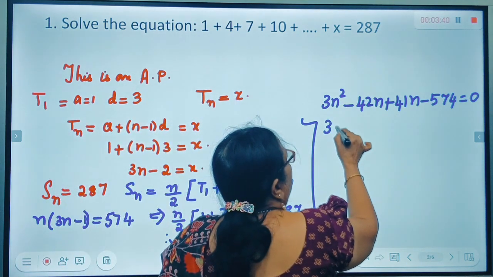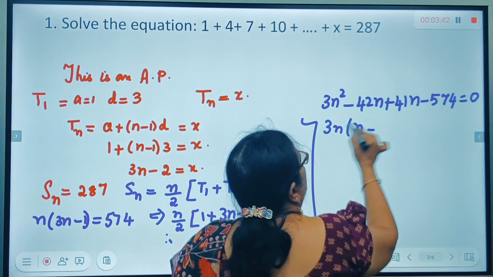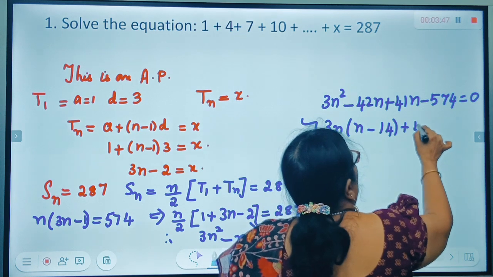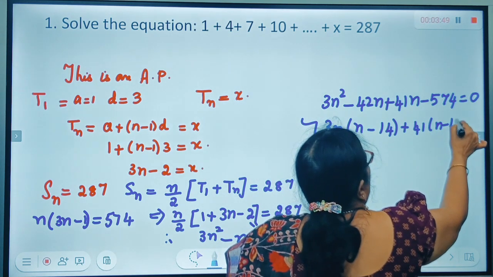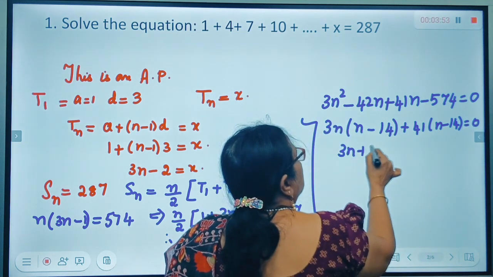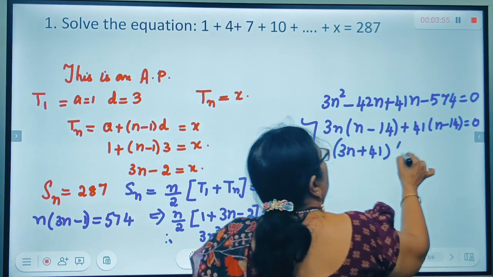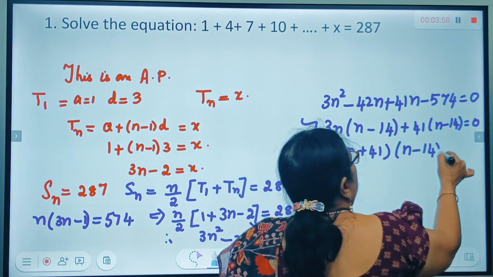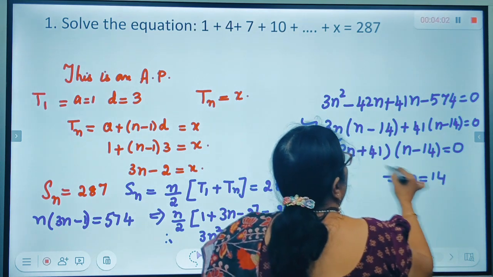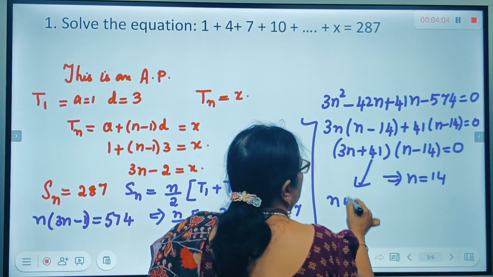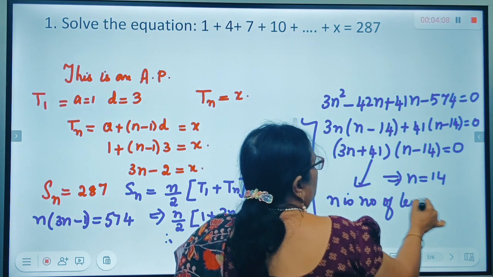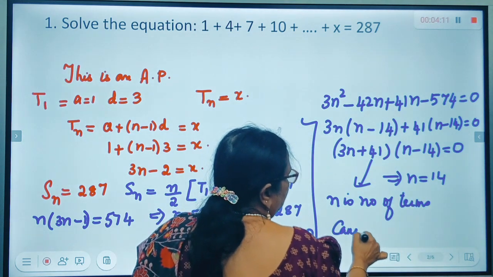Now 3n is common, so I will get 3n into n minus 14 plus 41 into n minus 14 equal to 0. So 3n plus 41 into n minus 14 equal to 0 implies n can only be 14. The other value is not possible as n represents the number of terms, hence cannot be negative.